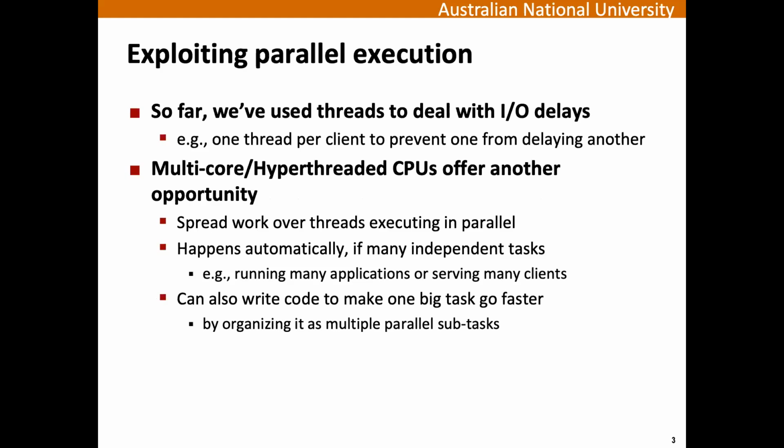All right, so exploiting parallel execution. We use threads to deal with I/O delays, in the sense that if we are hooked up to one client, we don't want to just do that one thing. We want to deal with multiple clients at the same time.